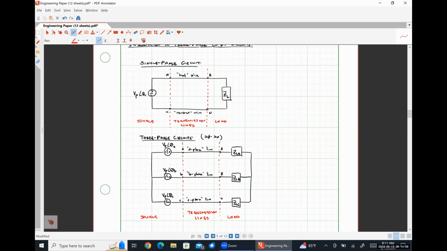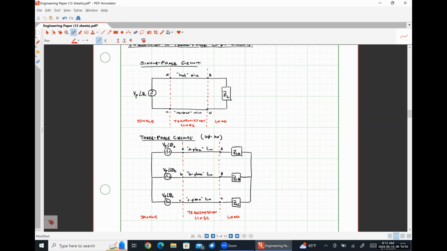So let's make an assumption here. The load impedance ZL is absorbing some amount of average power. And let's say that each phase of the three-phase load is absorbing the exact same amount of average power as the single-phase load, so that we have an apples to apples comparison here.